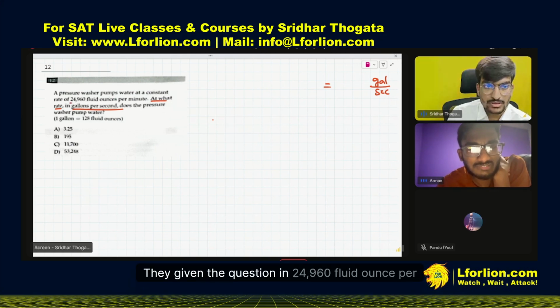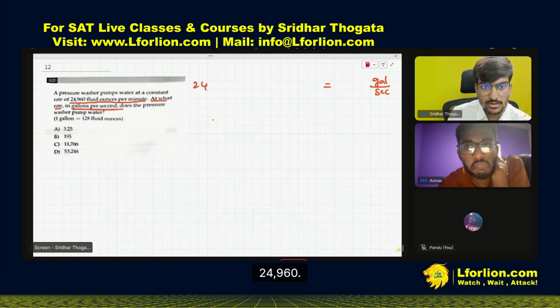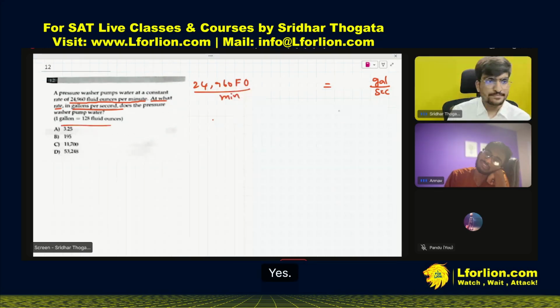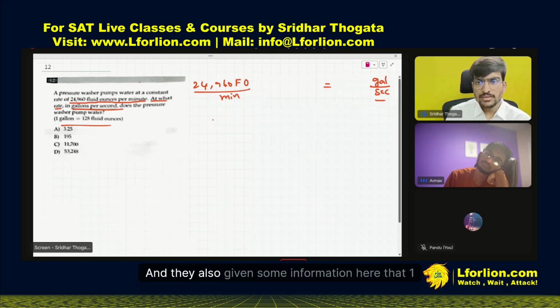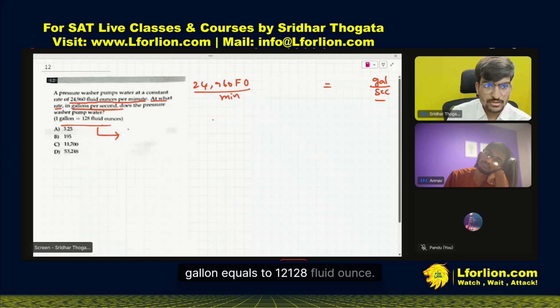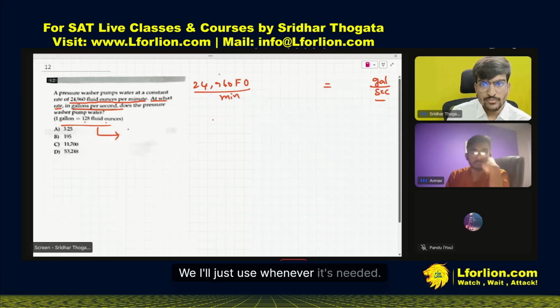They gave it in 24,960 fluid ounce per minute, and they're expecting gallons per second. They also gave some information here that 1 gallon equals 128 fluid ounce. I'll use it whenever it's needed.